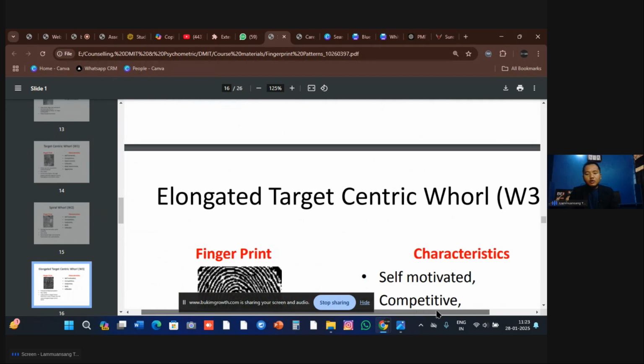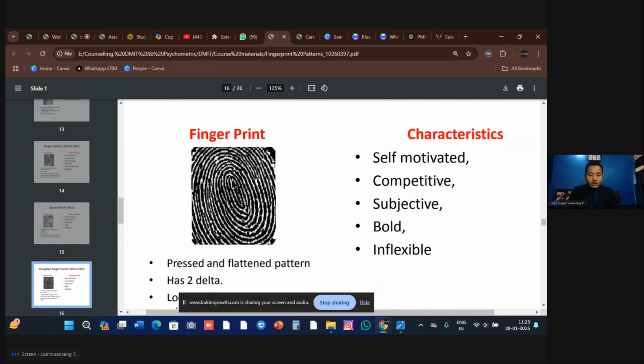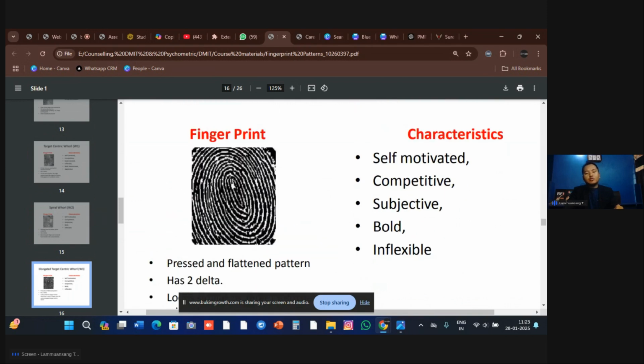W3 and W1 is very similar, right? Very similar. See, even this is a complete circle, but bigger one. Even this one is bigger one. So W1 and W3 is very similar.